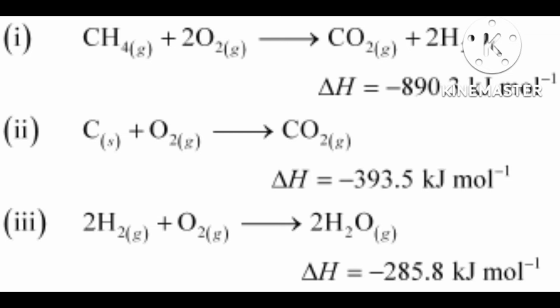Here I want to tell you again an important thing: complex molecules like starch break into smaller and smaller ones. Starch will break into sucrose, sucrose will break into glucose, and sucrose will break into fructose and glucose.